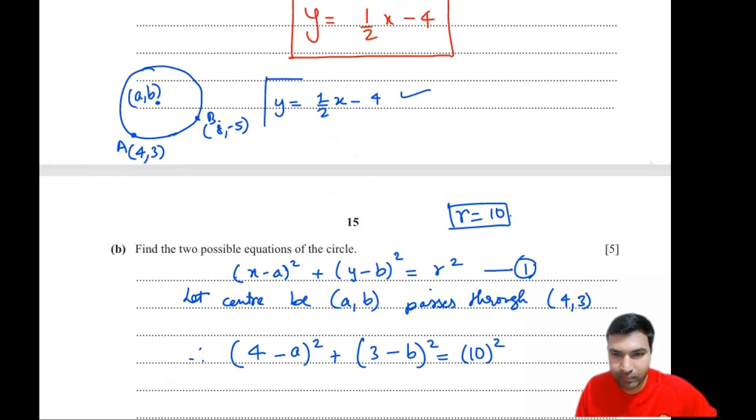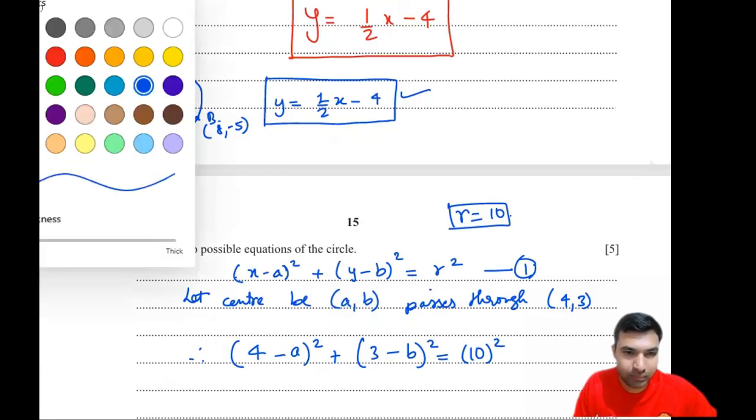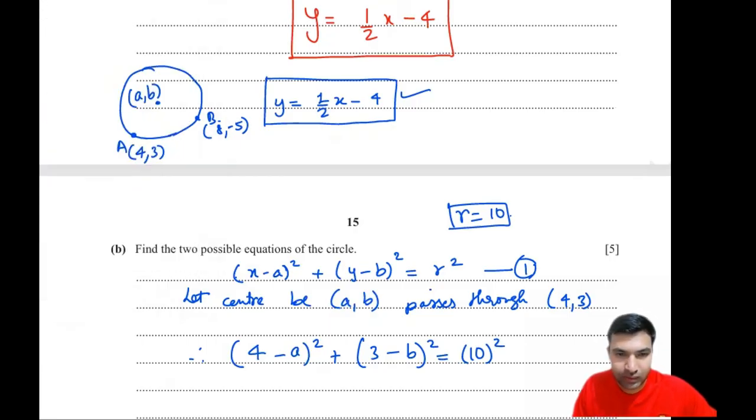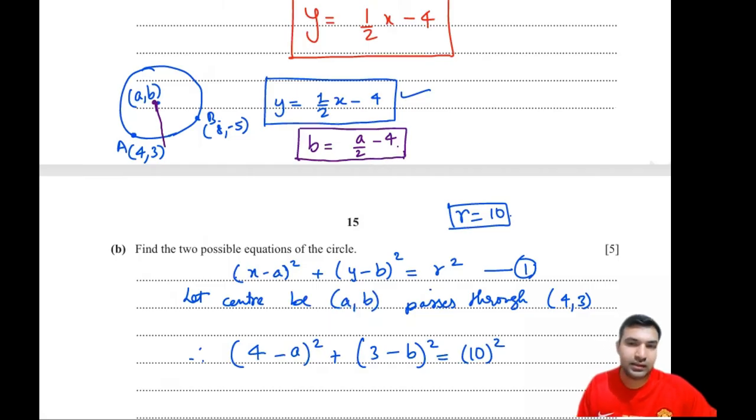The equation of the line which basically passes through the center. So can I simply use this, so that this line passes through the center, right? Therefore, y is b, x is a, so b equals a over 2 minus 4. So using the line equation which we found, the center also lies on this line. So I could plug in the coordinates of the center here, and therefore I get b in terms of a, right?